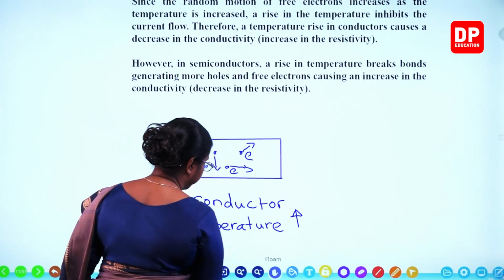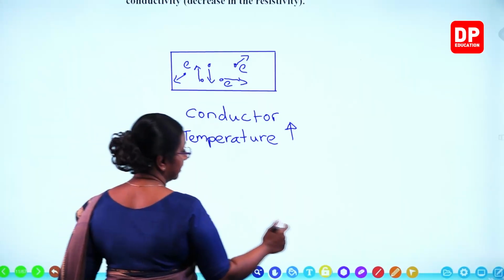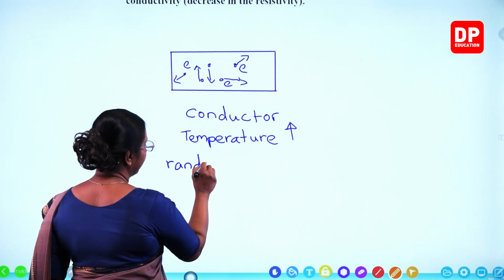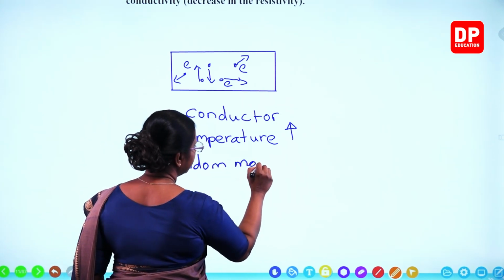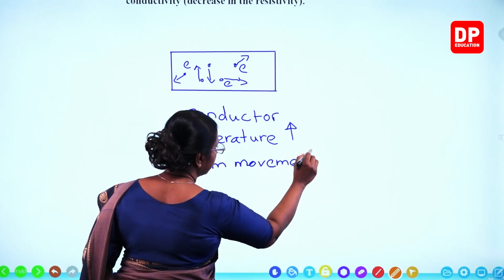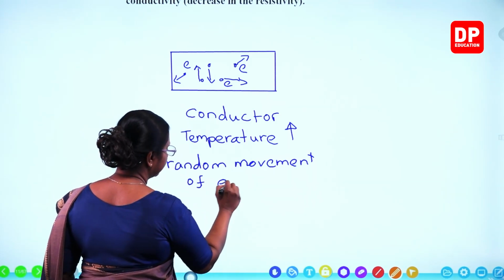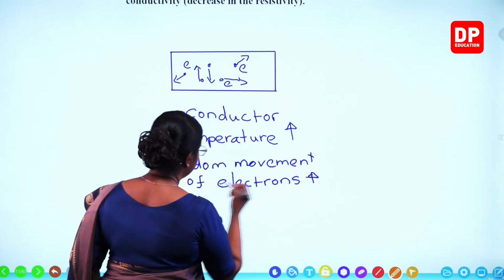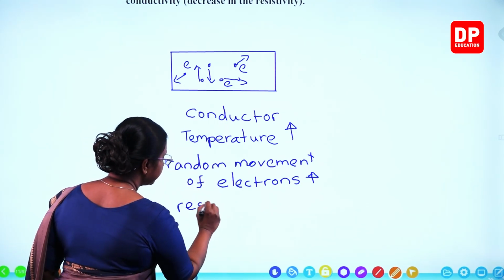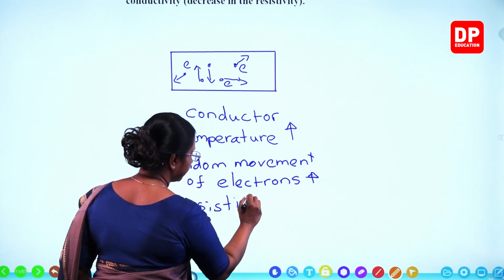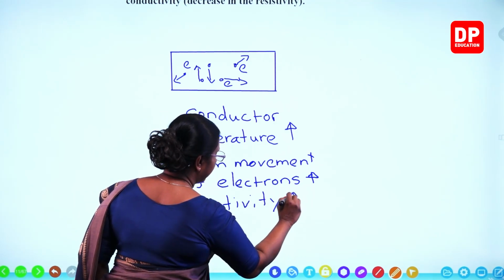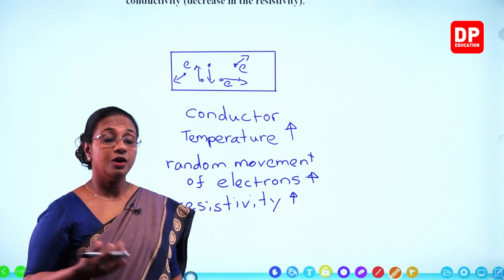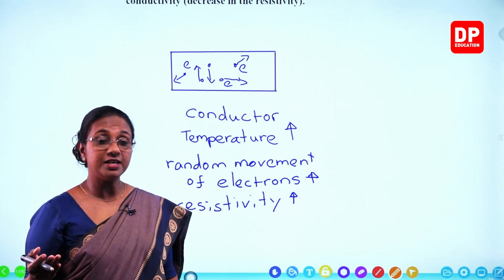So here you can see in a conductor, when temperature increases, the random movement of electrons also increases. Because of that, the resistivity increases. If the resistivity increases, what will happen to the conductivity or the conducting ability of the conductor?